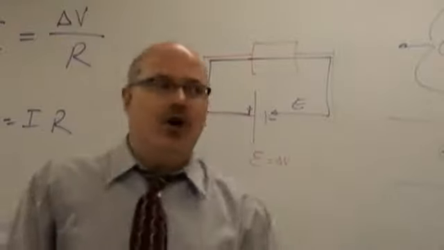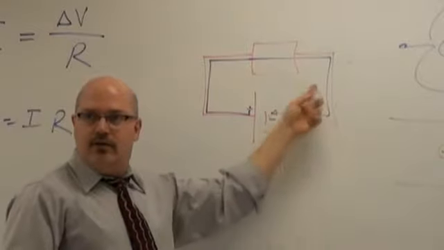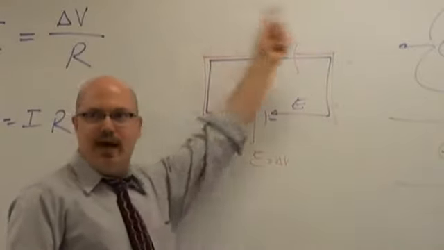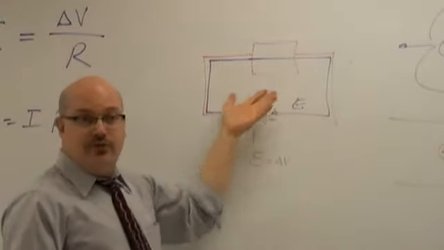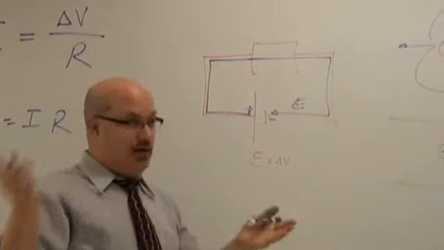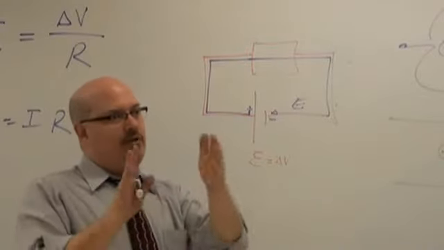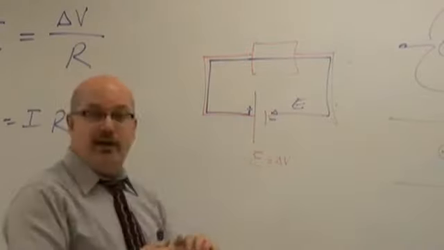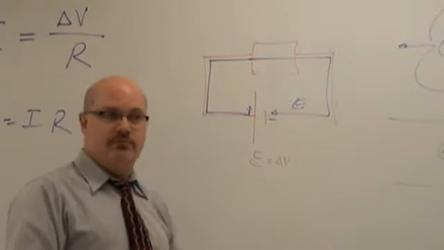That's why our battery causes charge to flow in the conductor, but not outside here, because the electric field is concentrated in the path. So if you want charge to flow, you must set up an electric field in the conducting path, and you do that with a battery. Now we normally talk about it in terms of the potential difference, but that sets up an electric field inside there, and that's why those charges want to move. Does that make sense?